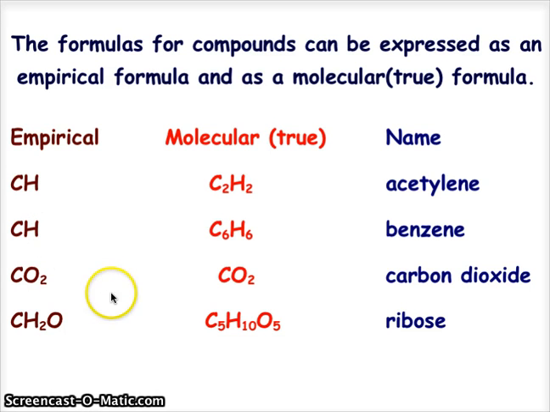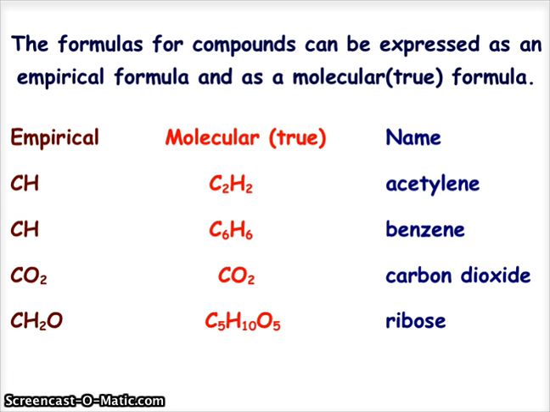Carbon dioxide, the empirical and the molecular are the same because it's already in the lowest form, and ribose, which is C5H10O5, can be reduced to its empirical CH2O, reducing everything by a factor of half. So we end up with 5 to 10 to 5 equaling 1 to 2 to 1.